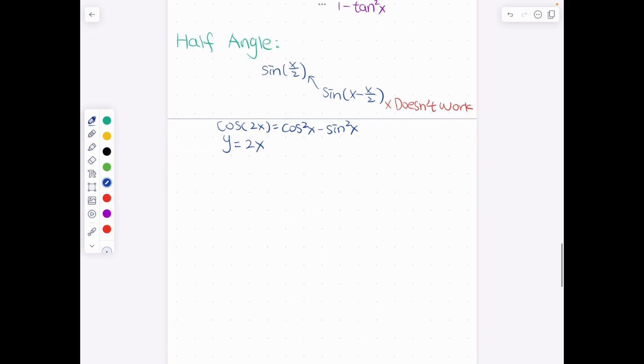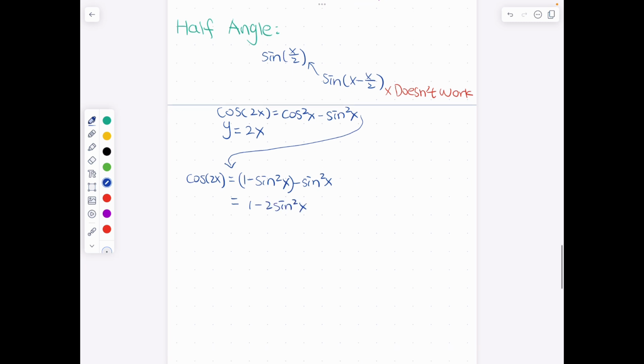Now, what is cosine squared x equal to? It's equal to 1 minus sine squared x, right? And then minus sine squared x, so that is cosine of 2x, and that is equal to 1 minus 2 sine squared x.